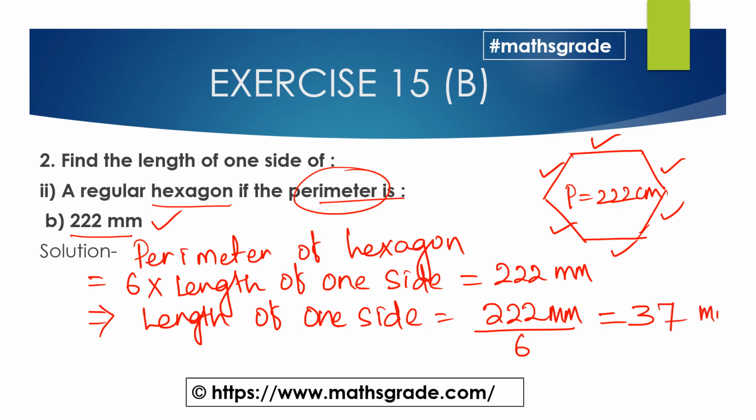So it will be 37 millimeter. So the length of one side of the regular hexagon is 37 millimeter.